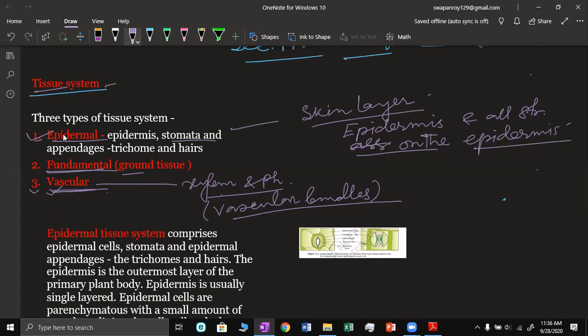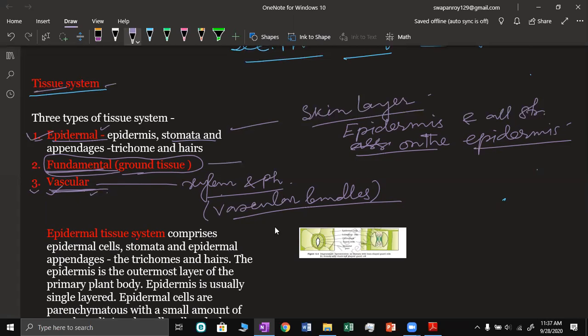And in between the epidermis and vascular bundle, whatever is there in the plant, that whole thing is the fundamental or ground tissue system.